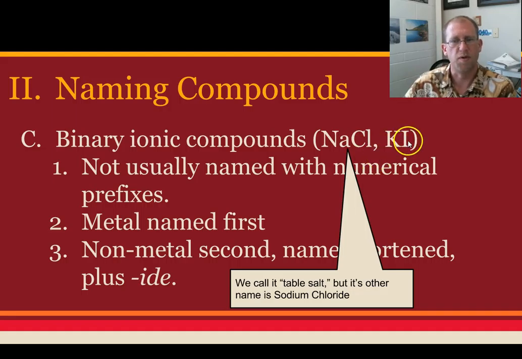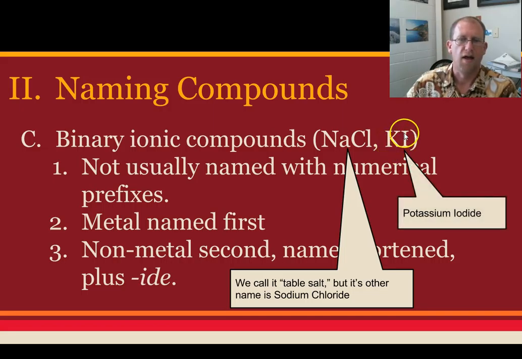This one, what would this be? It's potassium and iodine. Potassium iodide, right? So we just stick "ide" at the end, and we kind of truncate the last word so that it doesn't become iodinide. We just take off like the last syllable of the second element name and replace it with "ide." So sodium chloride, potassium iodide.